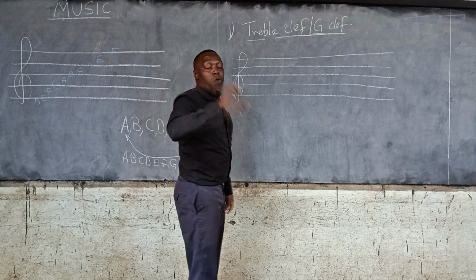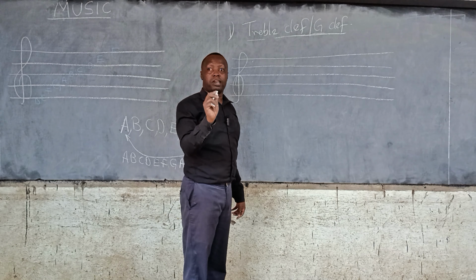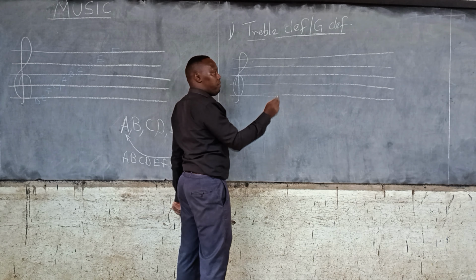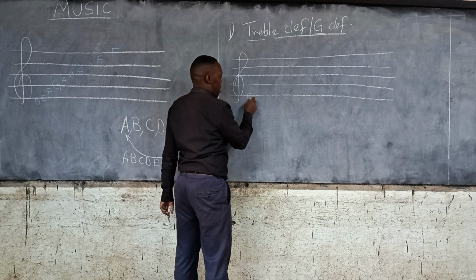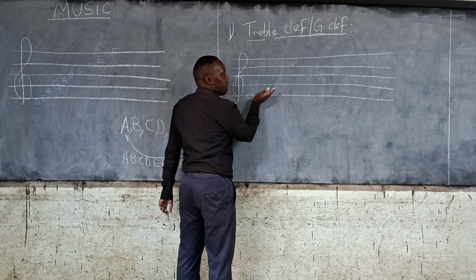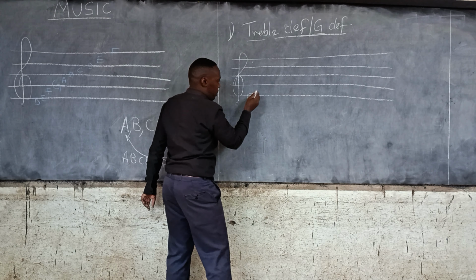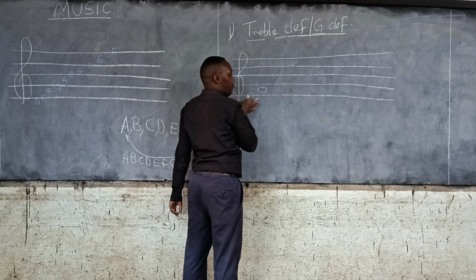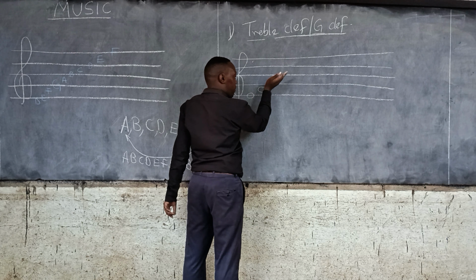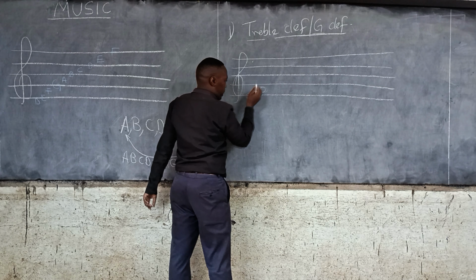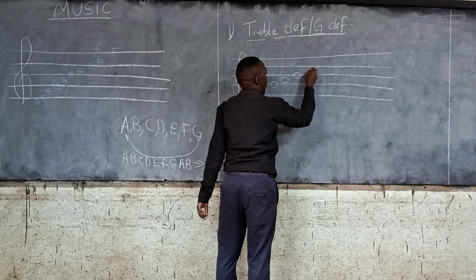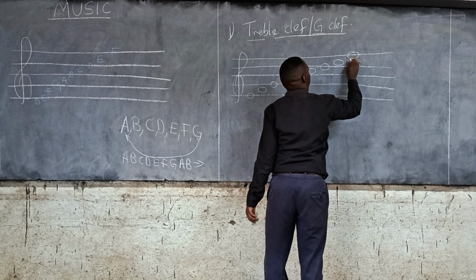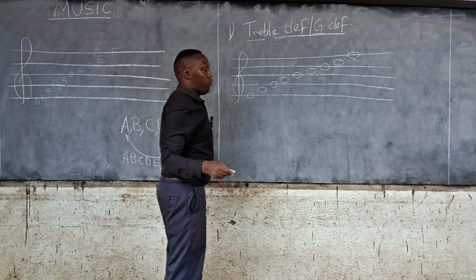Then after that, we are going to use the semibreves. The semibreves are drawn like that, lying in a line way. You can't draw them horizontally or vertically, but in a very slanted way. That is how it will be.